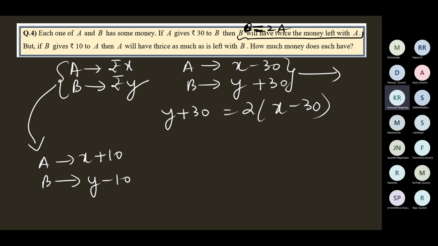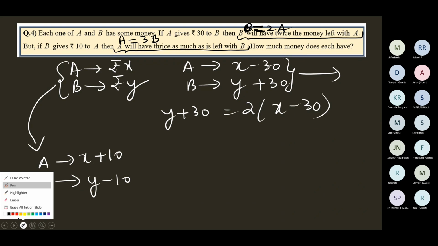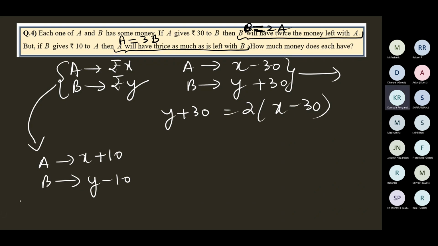A is receiving, so plus 10. Then A will have thrice as much as left with B. So A is equal to thrice B, meaning x plus 10 is equal to 3 into y minus 10. So these are the two equations. Solve to find x and y.